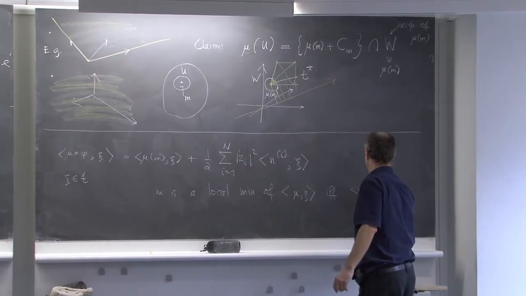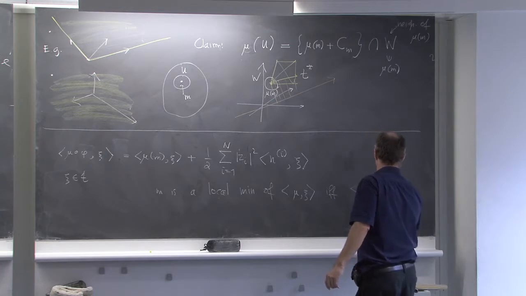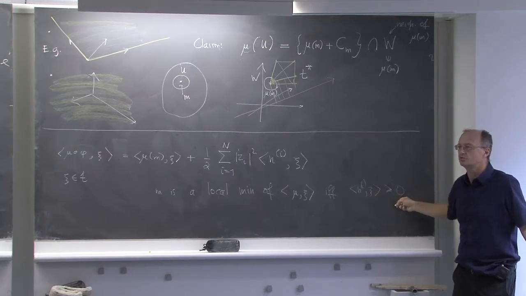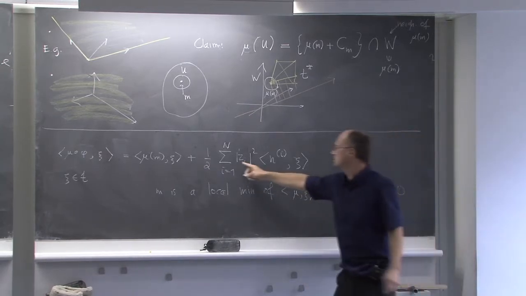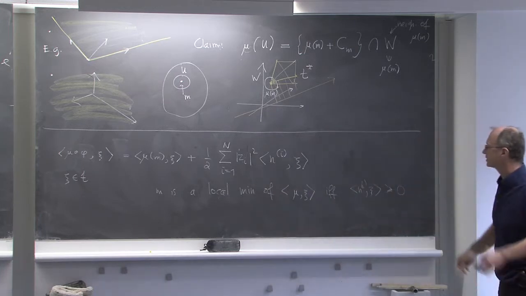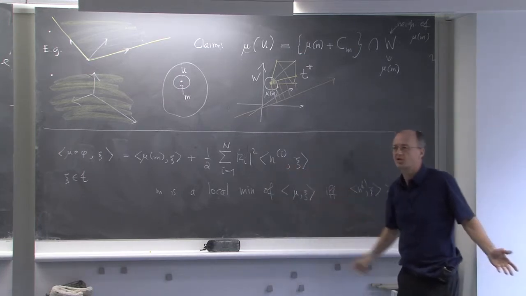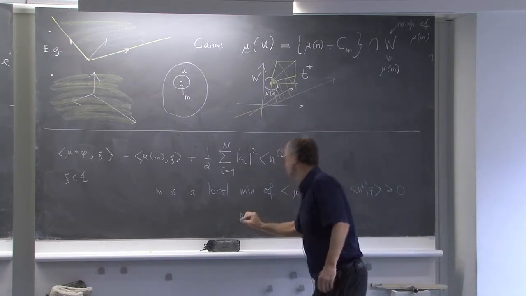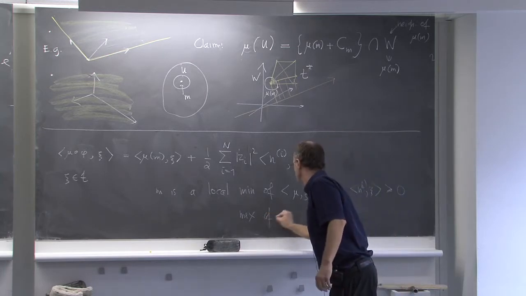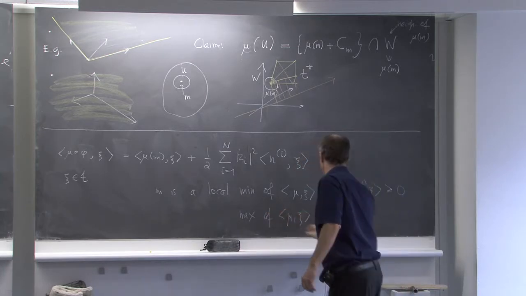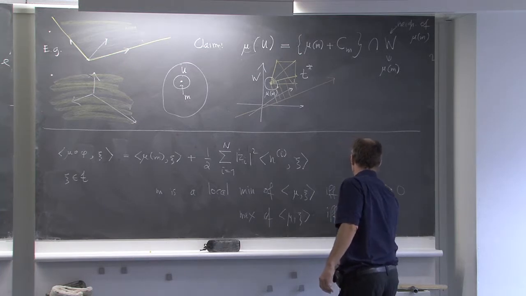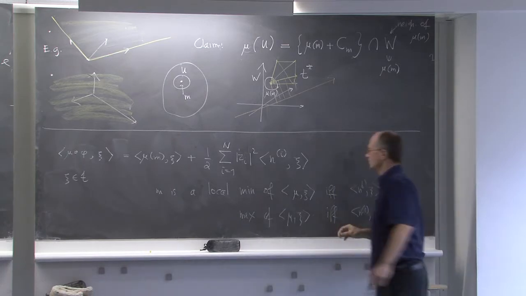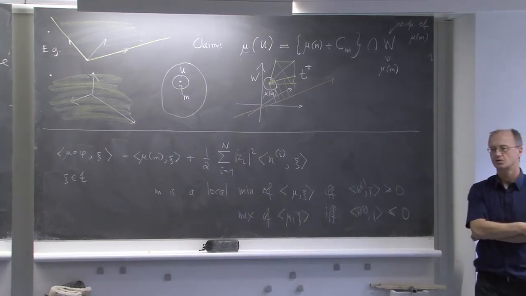So if and only if all Ni xi is greater or equal than 0, right? So our function is just a quadratic polynomial, and the coefficients should be non-negative, right? Then it's going to be a local minimum. And in a similar fashion, it will be a local maximum of mu psi if Ni xi is smaller or equal than 0.